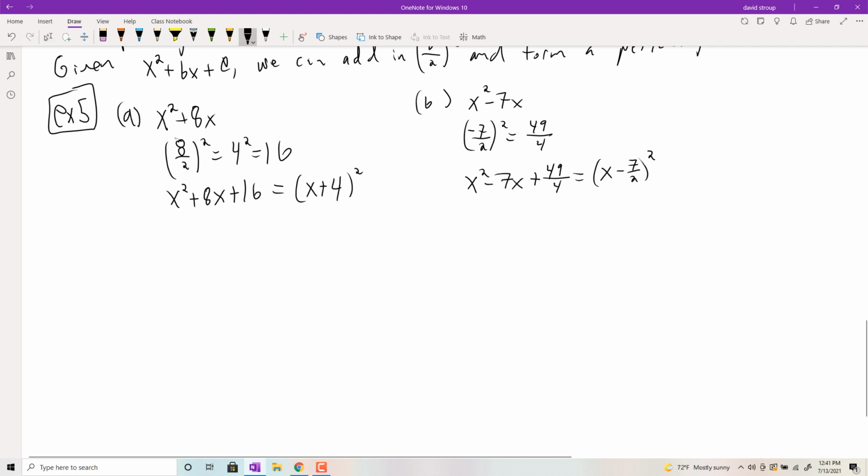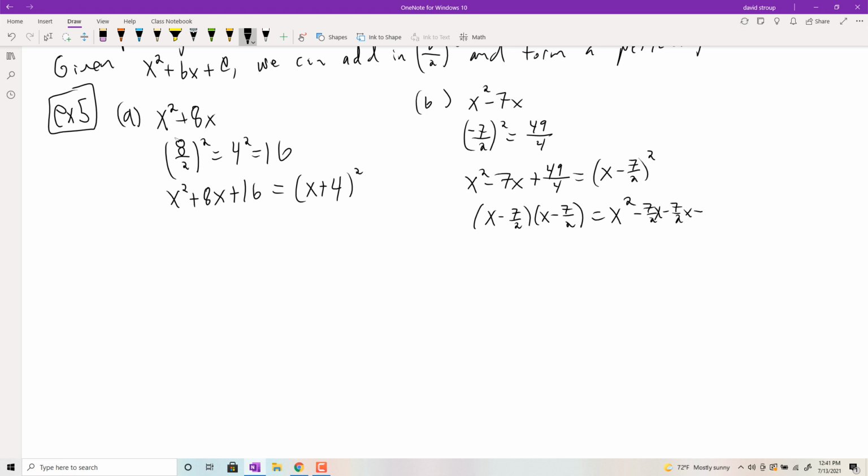So this term right here has to be such that when you multiply it, 7 halves times 7 halves, you get 49 fourths. I mean, we could FOIL it out again, just to convince you that this is true. So first is x squared. The outer is minus 7x. The inner minus 7 halves x, and then the last plus 49 fourths.